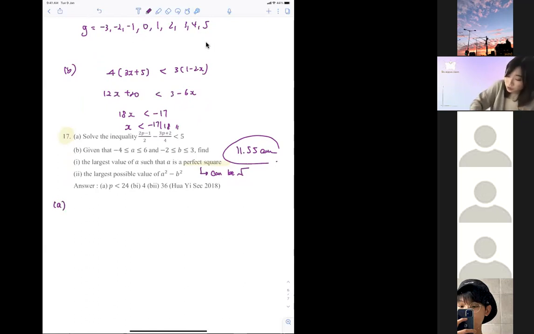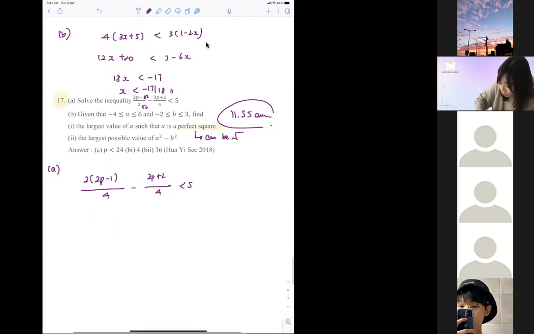Okay, let me give you a clue. So this part you treat as an equal sign. Remember just now when we solved equations, we tried to make them into one fraction first. So times 2, times 2. Then we combine the top.